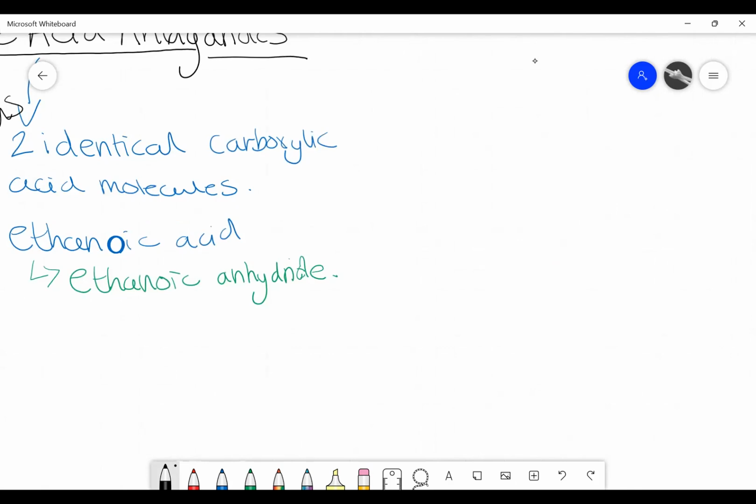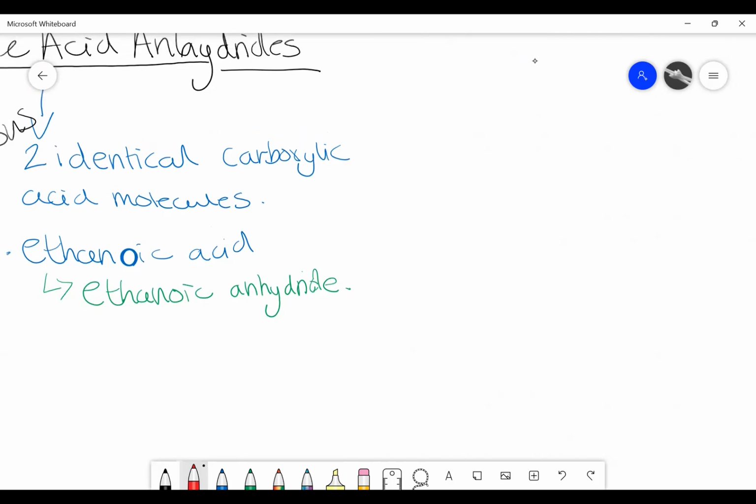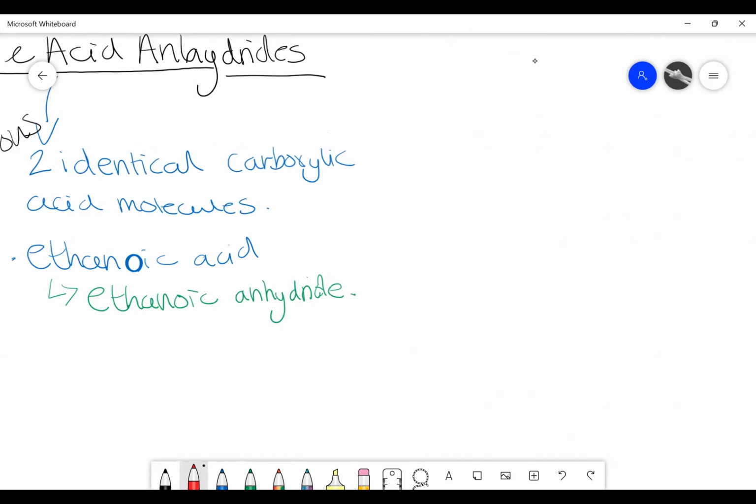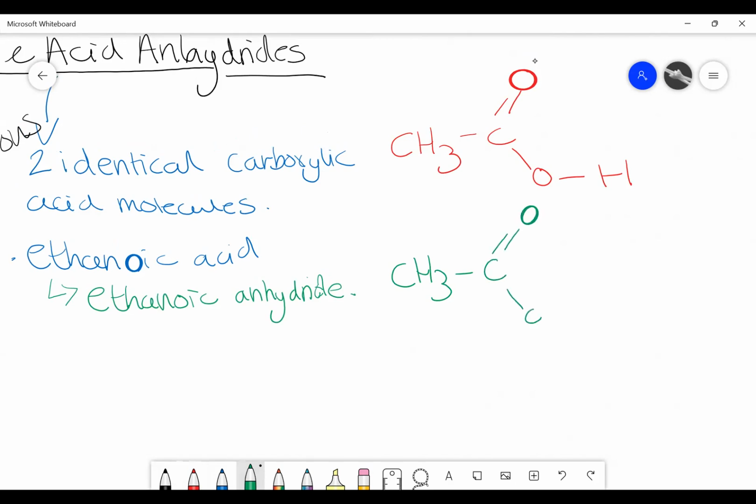So if we had two carboxylic acids, let's use ethanoic acid as our example. I'm just going to draw it twice in two different colours just so we can see where the bonds join. So we've got ethanoic acid.